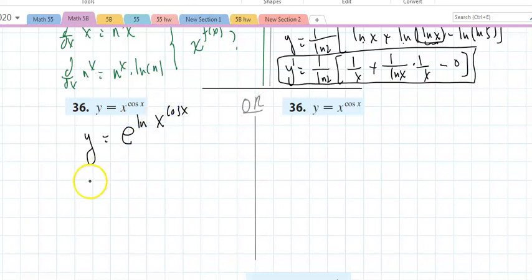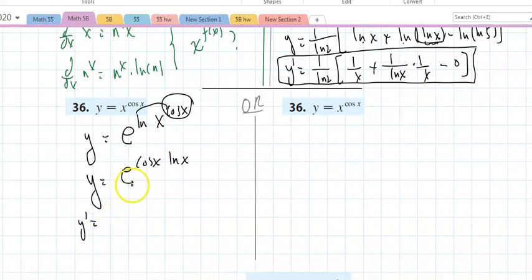And that's the power of logs and exponentials. I could say y equals, move this to the front, properties of logs. And I could say dy/dx will be the derivative of an exponential is the exponential times the product rule.